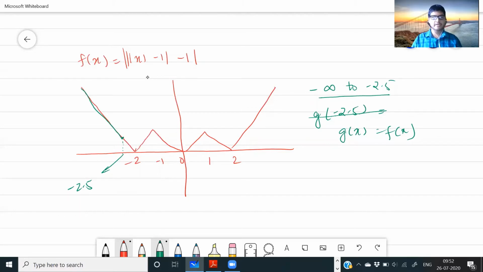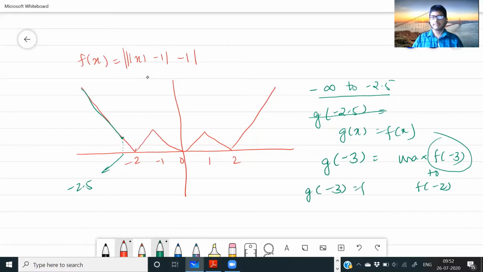Minus 3 to minus 2, what is the maximum value? g(-3) would be the maximum of f(-3) to f(-2), and the maximum is f(-3). So g(-3) equals f(-3). Clear? So till minus 2.5, g(x) is going to be equal to f(x).